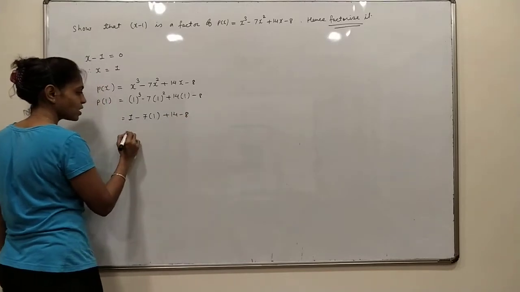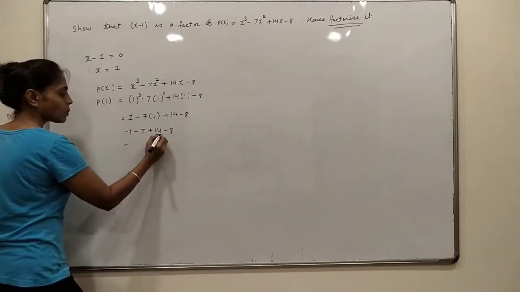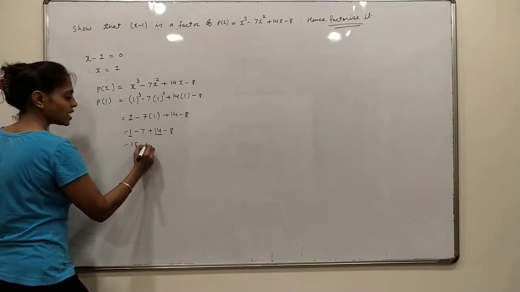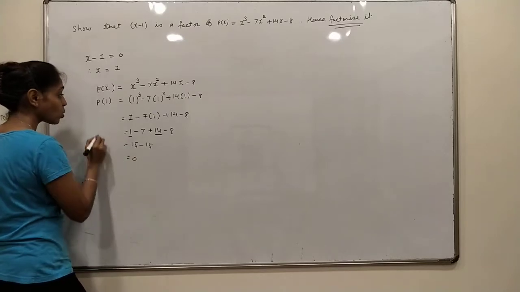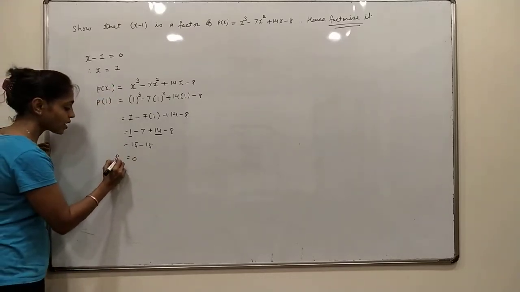So 1 minus 7 plus 14 minus 8: 14 plus 1 is 15, minus 7 minus 8 is 15, so the remainder is 0. Hence remainder is 0.